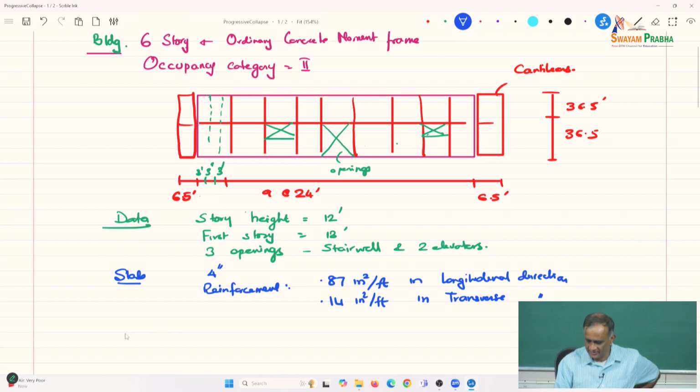Given that the materials are Fc prime, which is FCK, 3 KSI and Fy is 60 KSI.